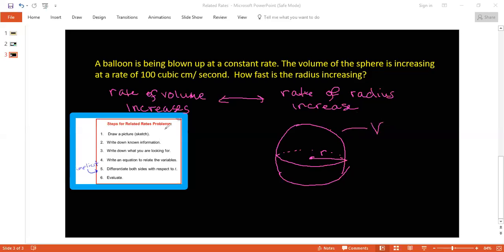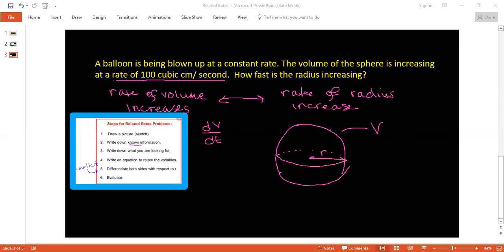So the next step says write down the known information. Well, I know that it's increasing, so I know it's going to be positive, and I know that that's dV/dt. That's going to be your increase. Your change is going to be positive.